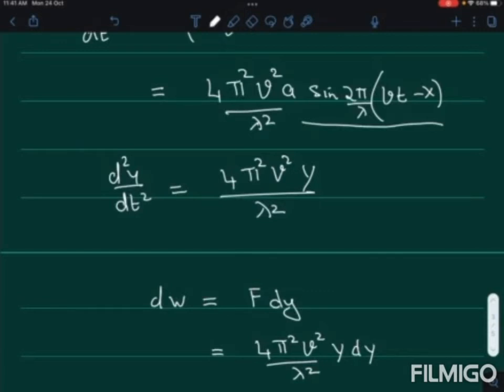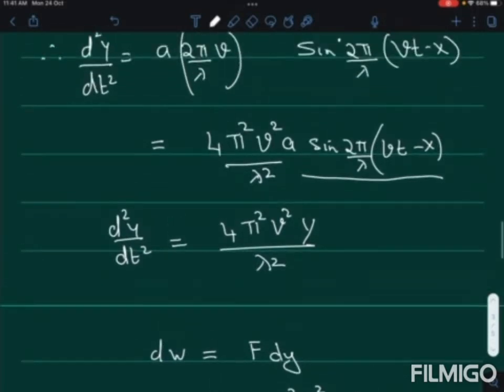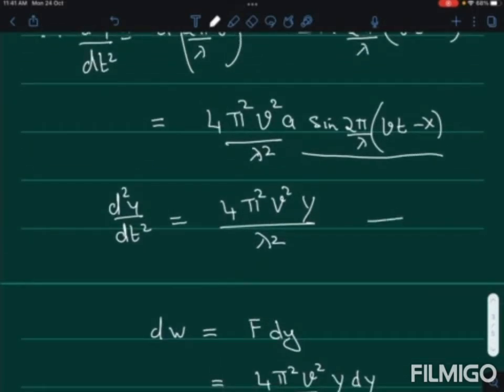I just forgot one thing, this is just the acceleration. Therefore force F is equal to mass into acceleration. Mass is rho dx, into 4 pi square v square y by lambda square.